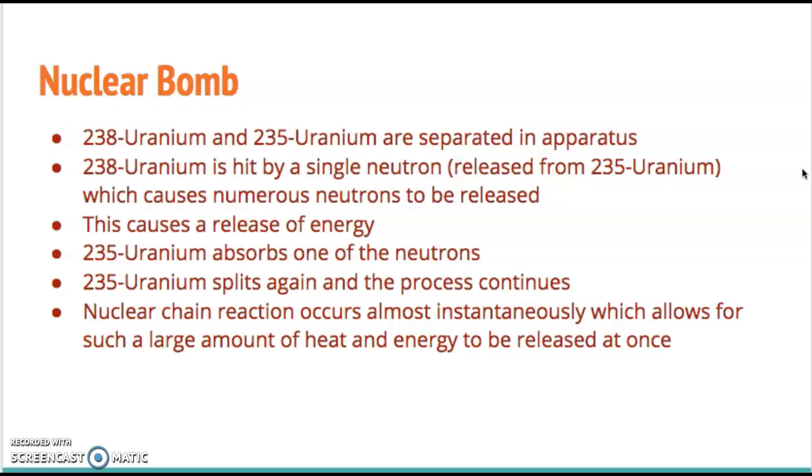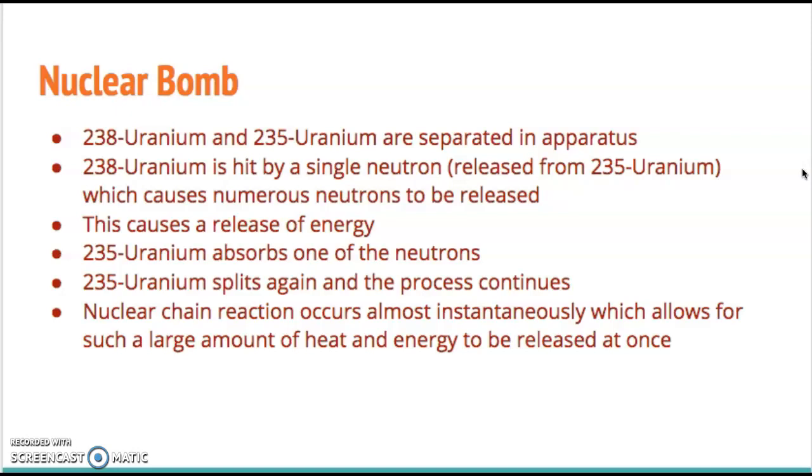So the 238 uranium was hit by a neutron from the 235 uranium, energy was released, and then 235 uranium, which was also present in the beginning in the apparatus, absorbs one of the neutrons that was released from the 238 uranium. So this 235 uranium, once it absorbs this neutron, this causes it to go through fission again, and it splits. And then this process just repeats and repeats and repeats.